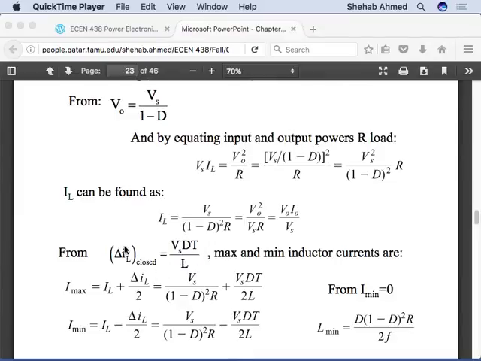If I have a specific ripple current and a specific area under the voltage curve, remember that inductance is equal to delta lambda, the flux linkage, which is the area under the voltage curve, divided by my current ripple.